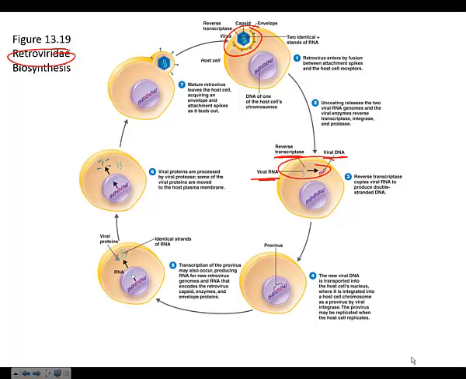The viral DNA then is inserted into the host chromosome and becomes a proviral state. From the proviral state, viral messenger RNA is produced and viral proteins are synthesized in the cytoplasm. Viral particles are assembled in the cytoplasm before being released to infect more cells.